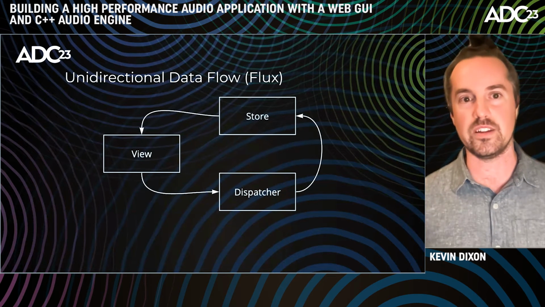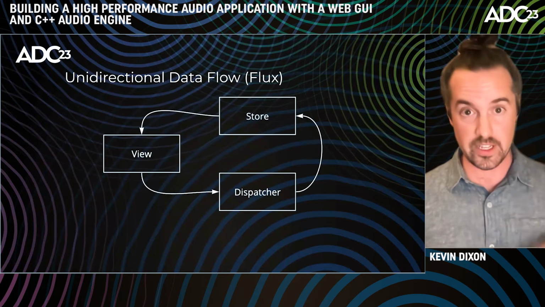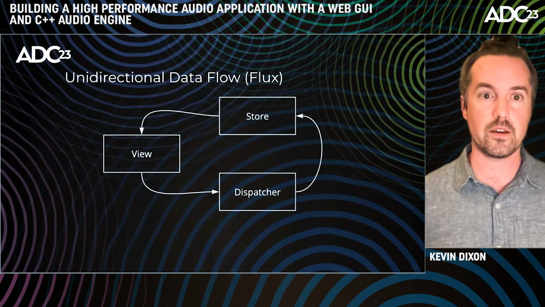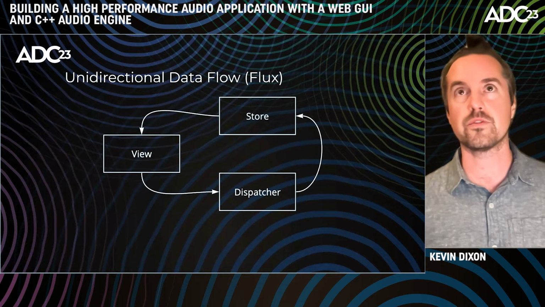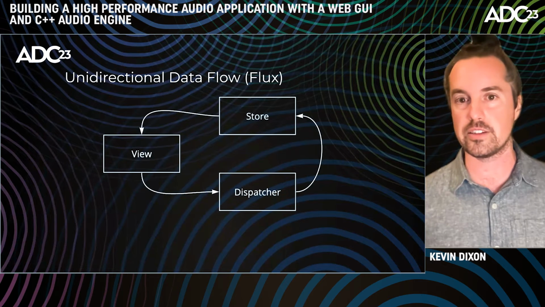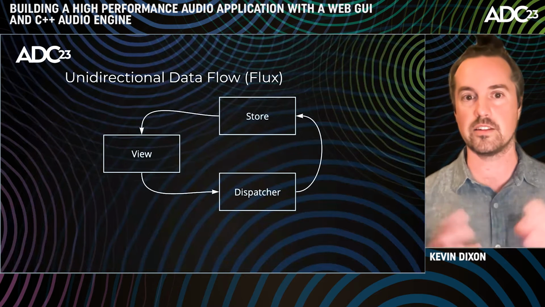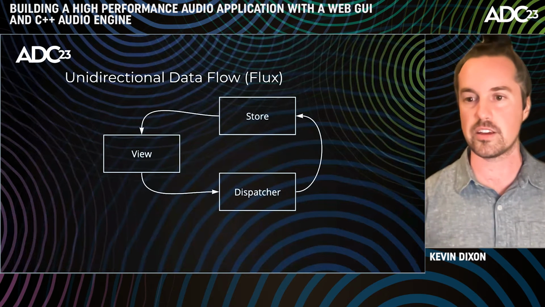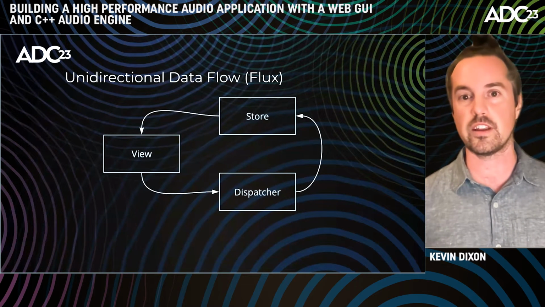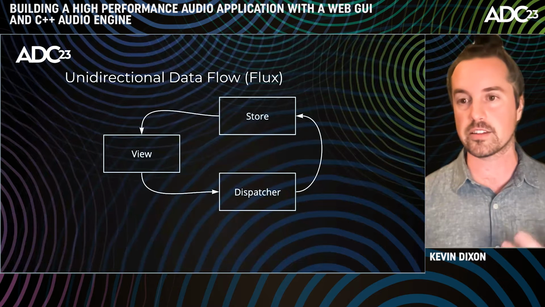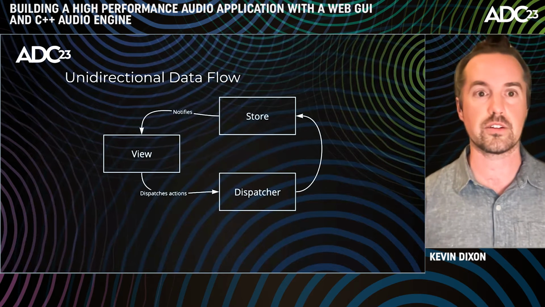So we did adopt the unidirectional data model called Flux. Basically, the data always flows in one direction. Nothing can change the data model without dispatching an action to the store. The view itself is meant to be a stateless, deterministic rendition of the current state of the store, and that's core to this whole architecture.